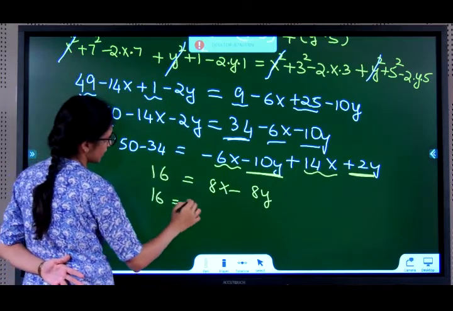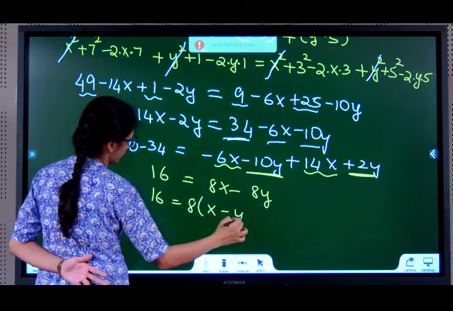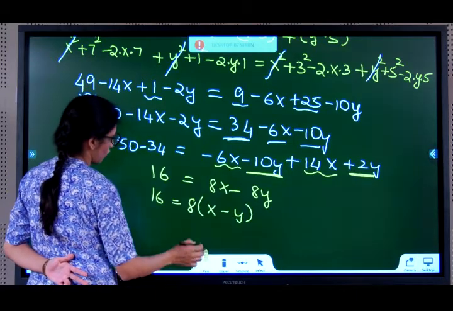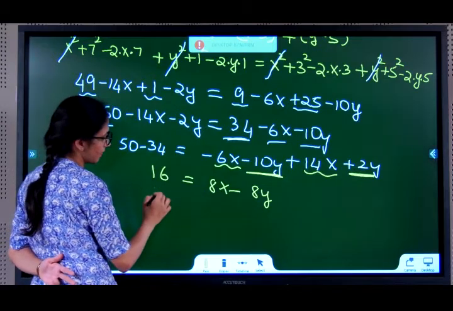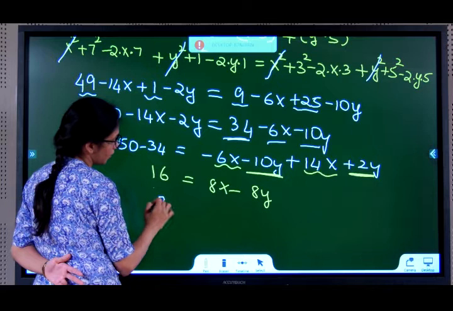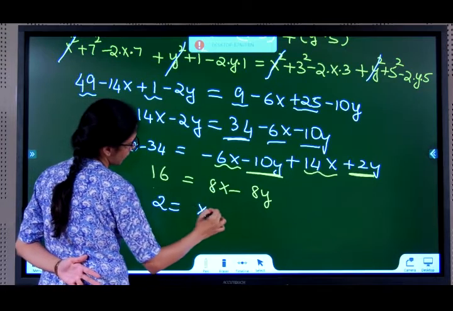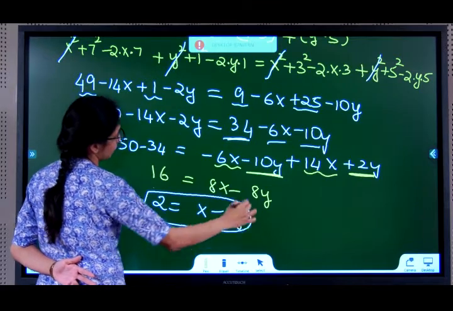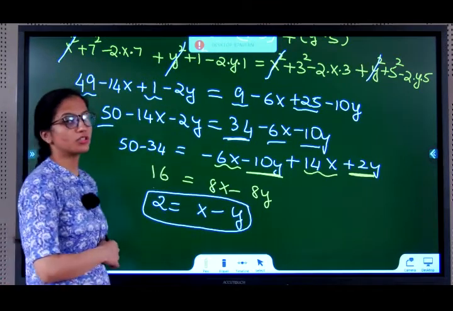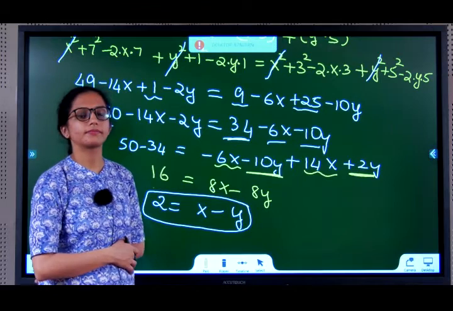So 16 is equal to 8 into x minus y. Or you can say divide the whole equation by 8. 16 by 8, 2. 8 by 8, 1. 8 by 8, 1. So x minus y is equal to 2 is the relationship between x and y.